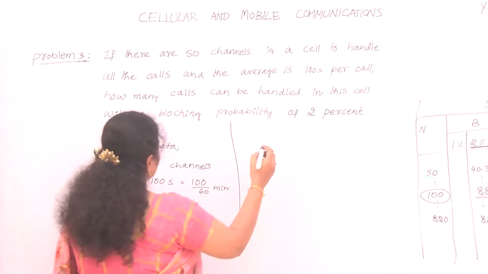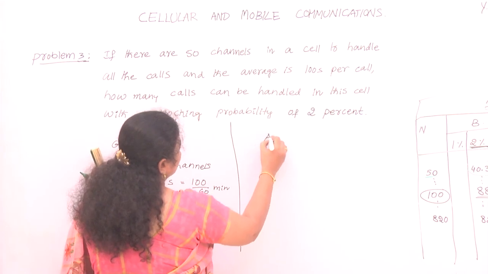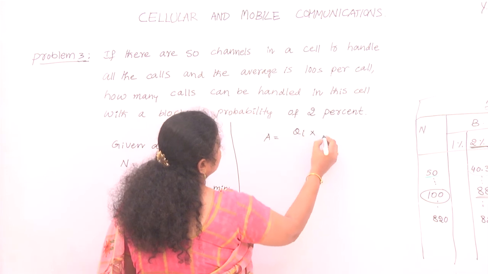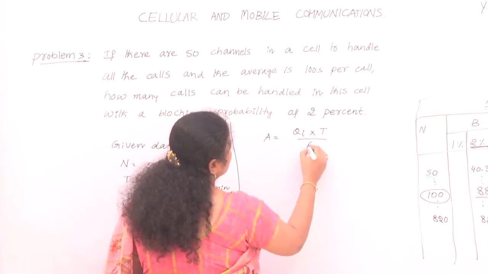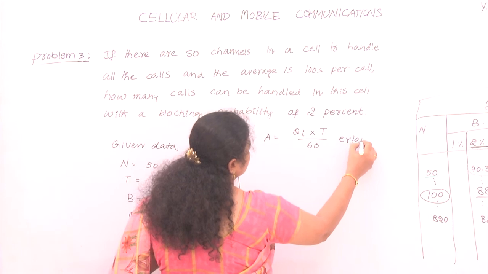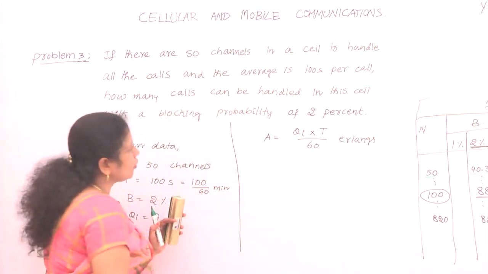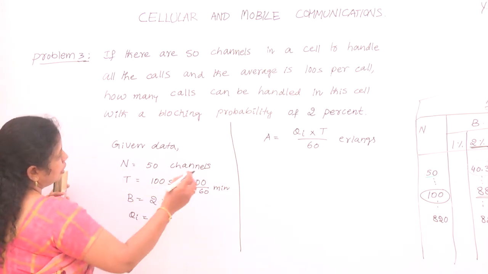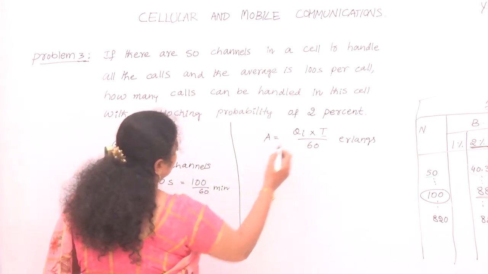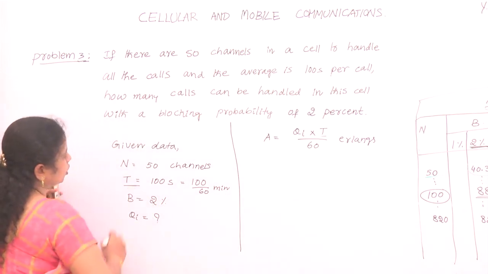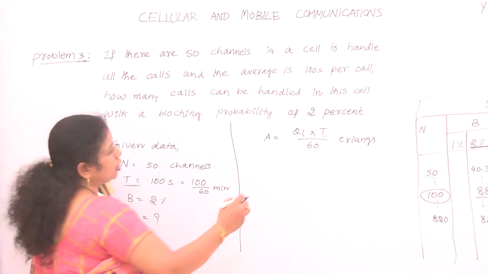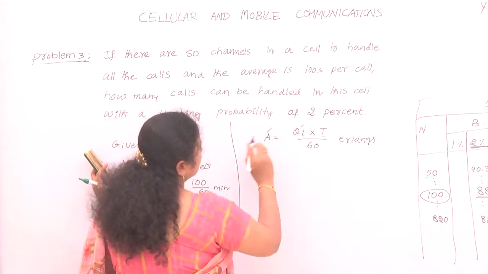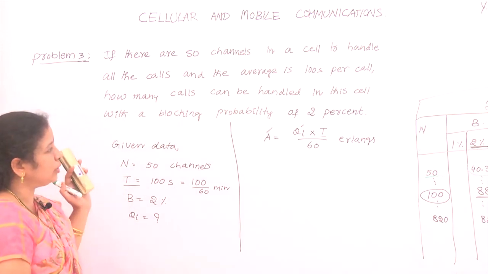As already discussed, the offered load is related to QI as A equals QI into T by 60 erlangs. Okay. Here we have been given only T. But in order to solve this, you need either the A value or the QI value, then only it is possible to find the other parameter.